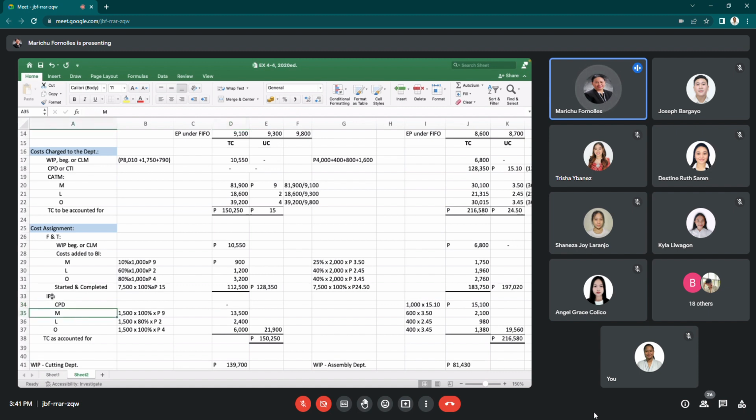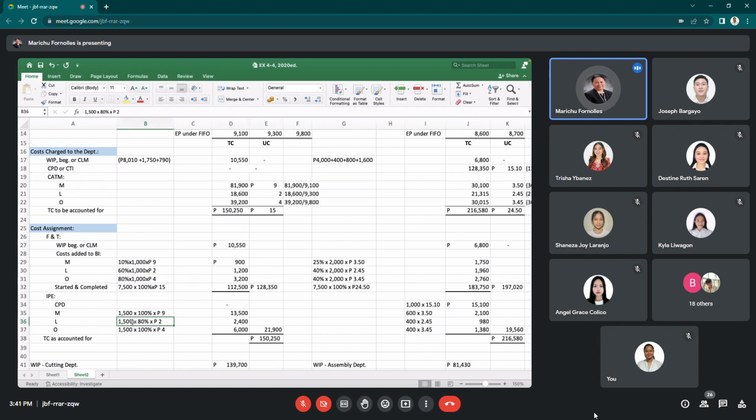So the material cost sa IPA ni Kating, there are 1,500 units still in process at the end of the month for Kating times percentage of completion for materials is 100% sa IPE times the unit cost for materials at 9 will give you 13,500.